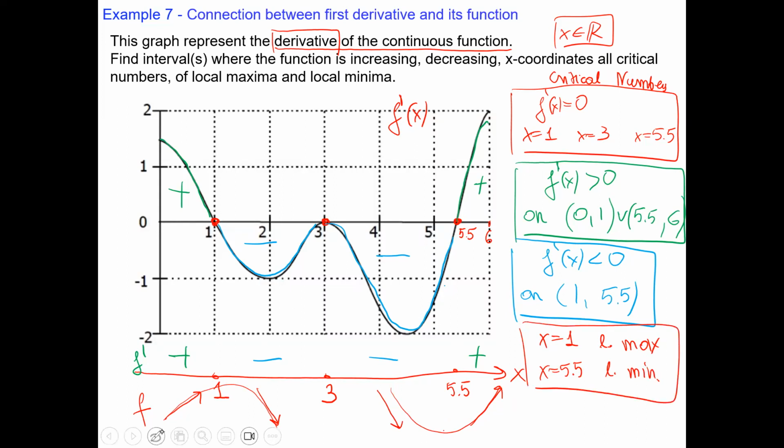Okay, just one more time, when the derivative is positive, the function is increasing. I just didn't type this.